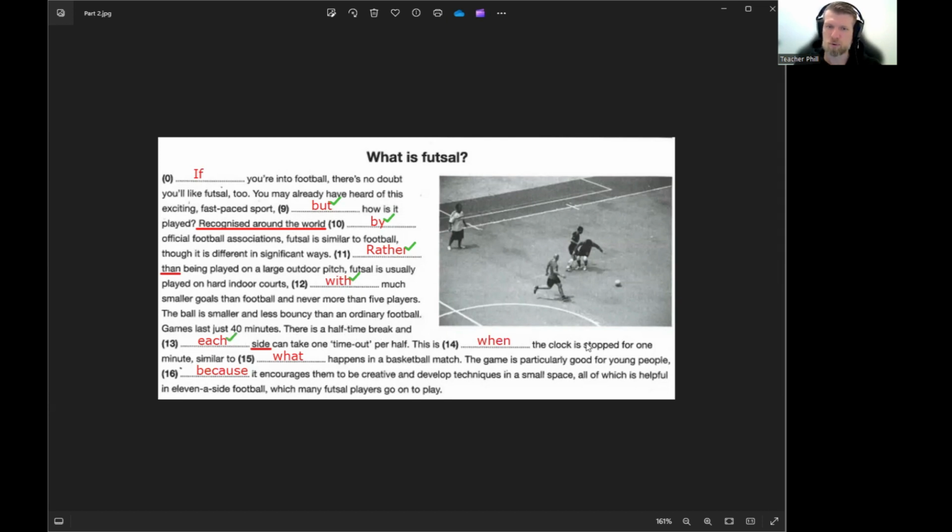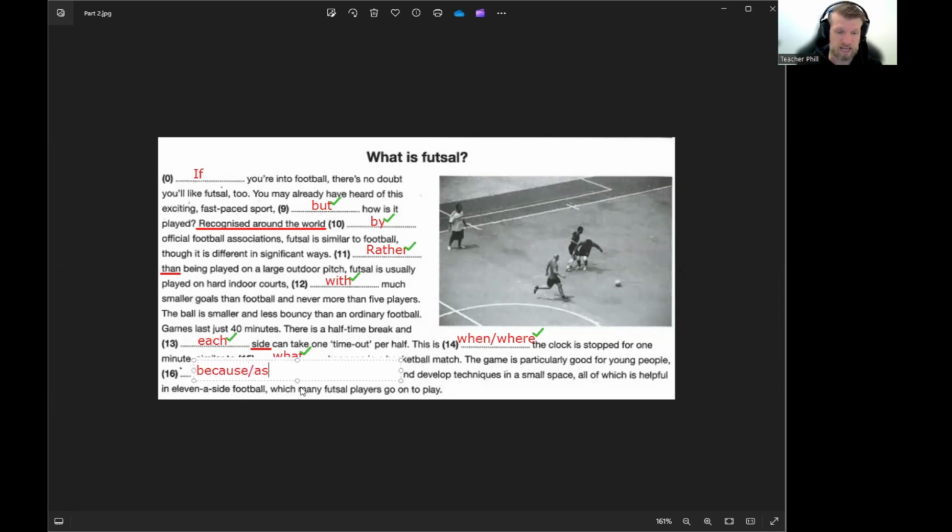And then in 14, here it says we can use when or where as well. So let me add that too. There are 2 options that we have here, when and where. That is true. I do like when a little bit more though, because we are talking about time, but I still give myself the check here. Number 15 is what, and then in number 16, because is correct, and then we have a couple of other options here.